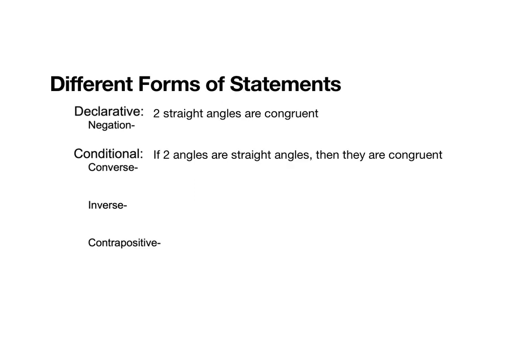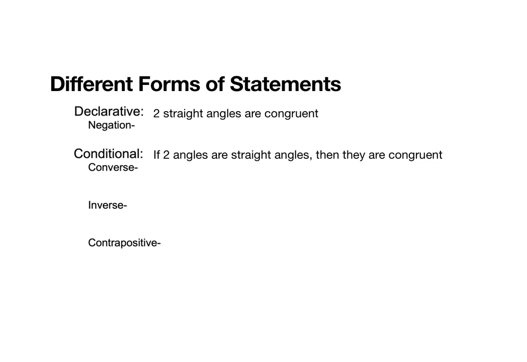Here are some different forms of statements. In the first example, I have my declarative form. Two straight angles are congruent. Negation means I want to state that my previous statement was false.